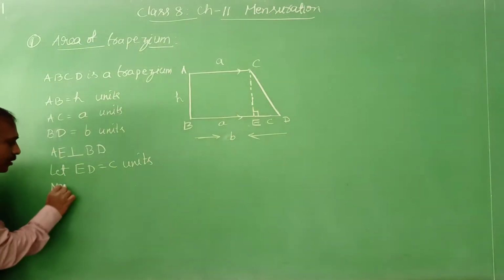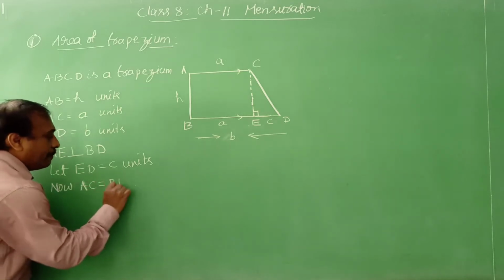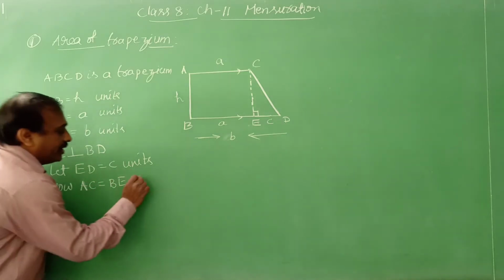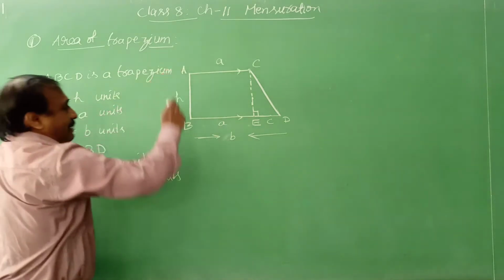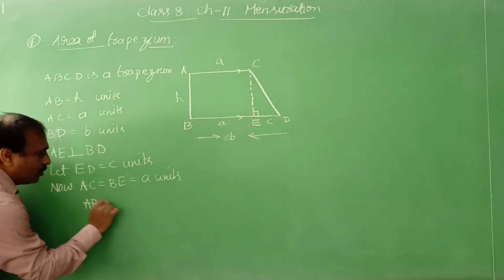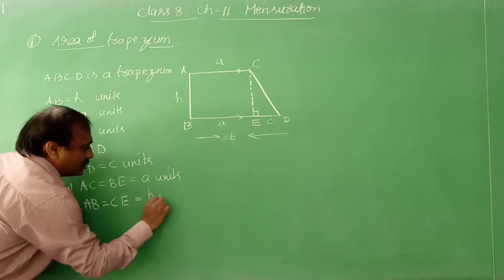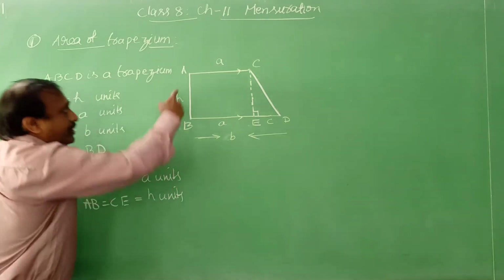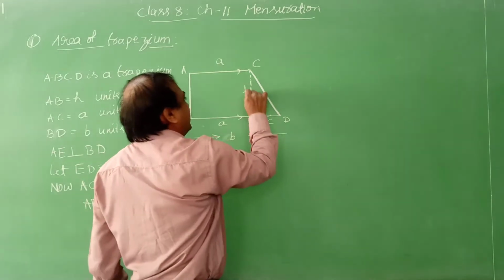Now AC is equal to BE, which is equal to A units. Next, AB is equal to CE, which is equal to H units. You see here, whatever the length from A to B, that is H, and C to E also we get the same.